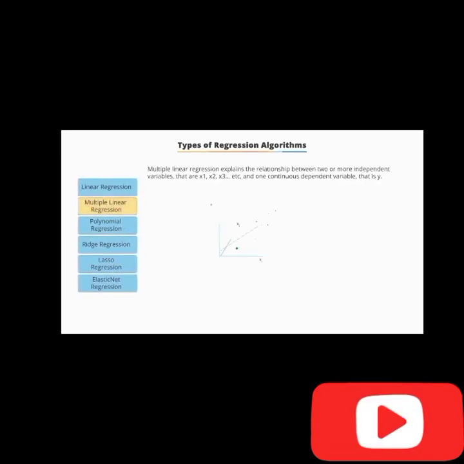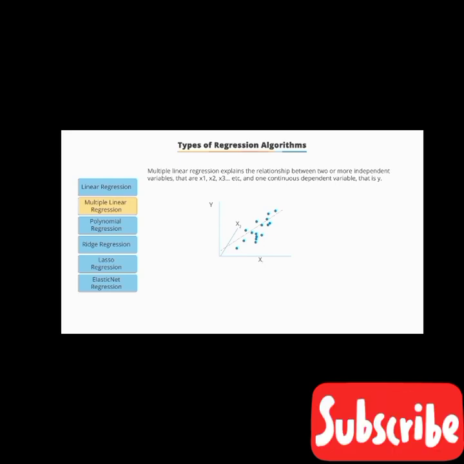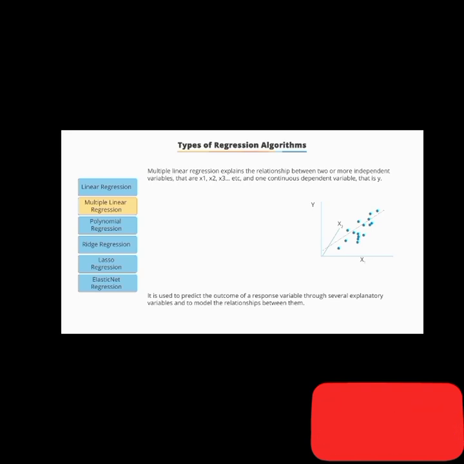What is multilinear regression? The multiple linear regression explains the relationship between 2 or more independent variables that are x1, x2, x3, etc., and one continuous dependent variable that is y. It is a statistical technique used to predict the outcome of a response variable through several explanatory variables and models the relationships between them.